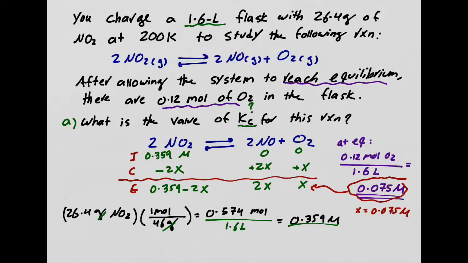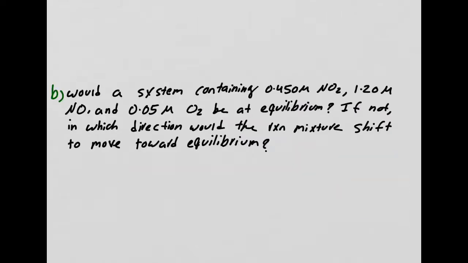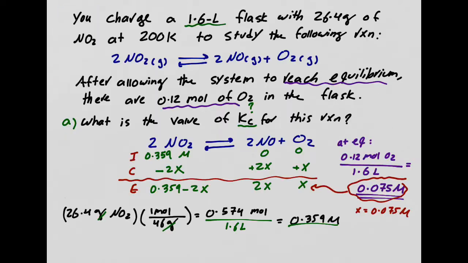Now what do I do? Okay. Now I want to write the equilibrium constant and try to plug everything in, right? Before I do that, I know that the O2 concentration at equilibrium is 0.075 molar. Now what would be the NO concentration at equilibrium? Let's look over here.